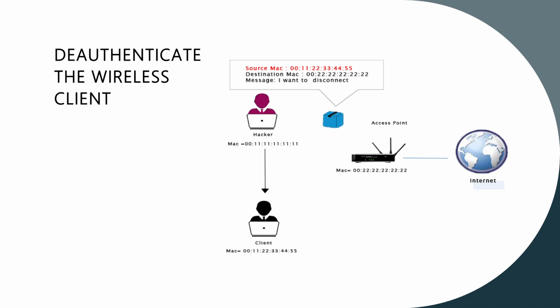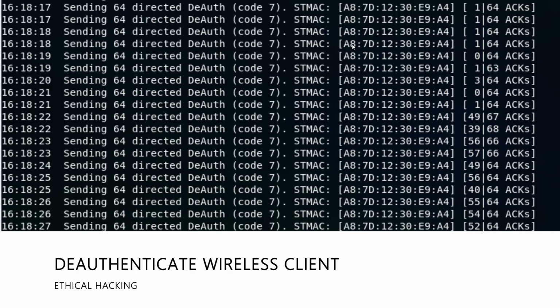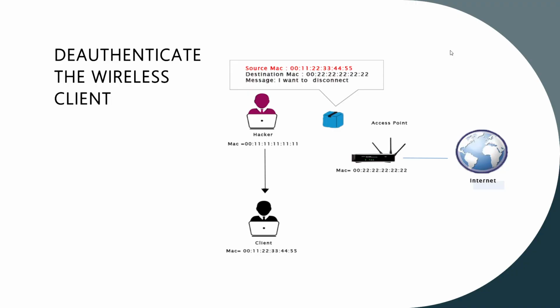After executing the command, the device whose station is, as you can observe here, A8, 7D, 12, 30, E9 and A4, loses its internet. We can only connect to the network again when we quit the executing command by pressing Ctrl+C.